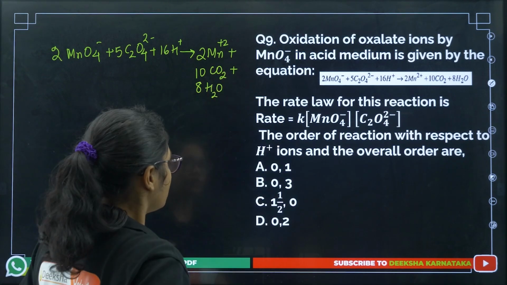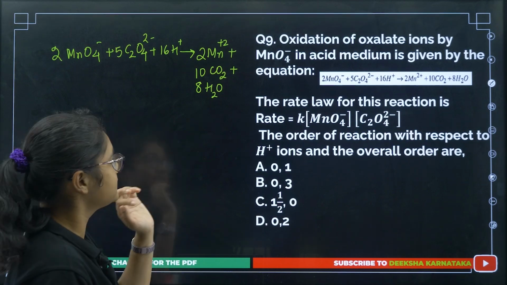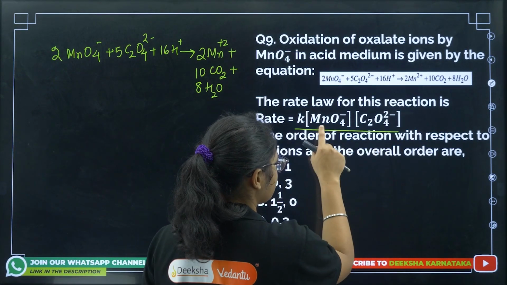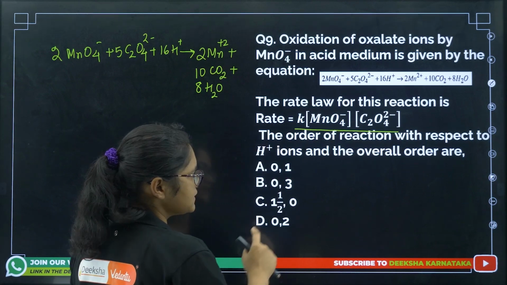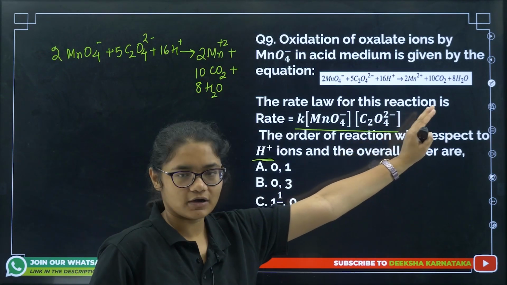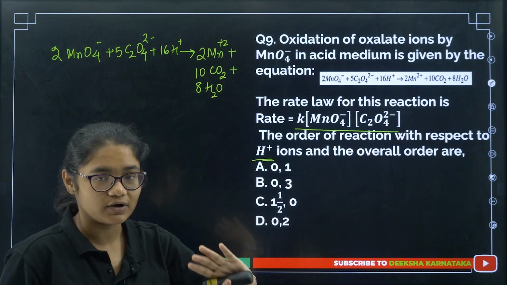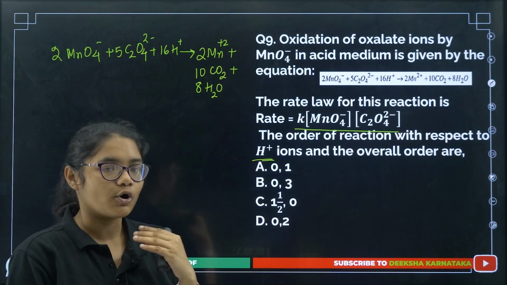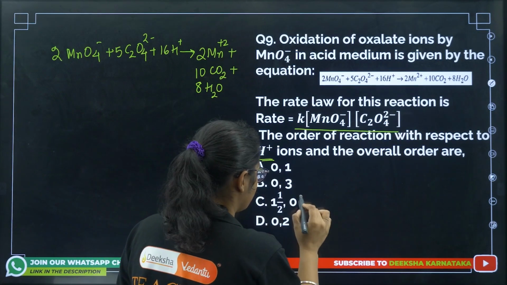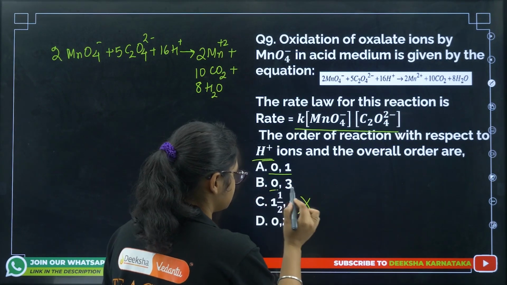Now the rate law is given to you: rate depends on MnO4 minus and C2O4 2 minus. The order of the reaction with respect to H plus? There is no H plus term here, which means H plus is not affecting the rate of the reaction. So the order of the reaction with respect to H plus will be 0. So we can eliminate this option.